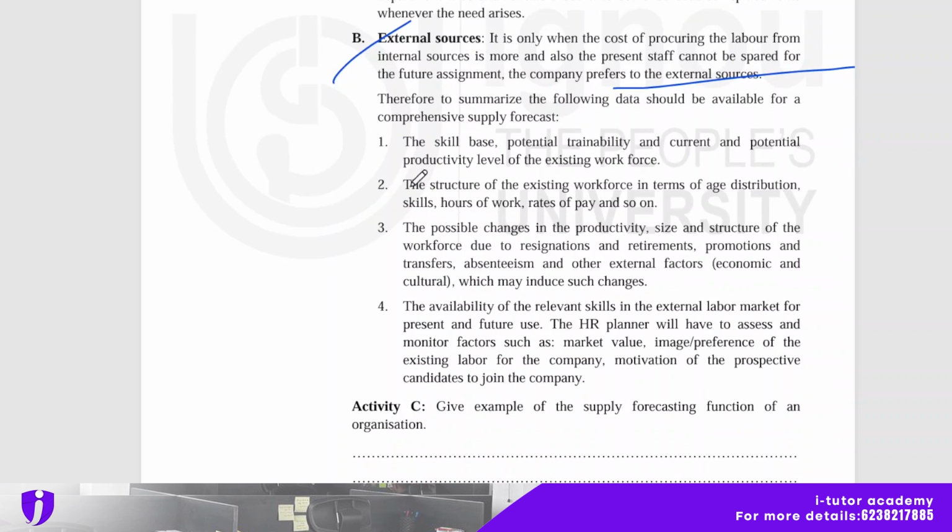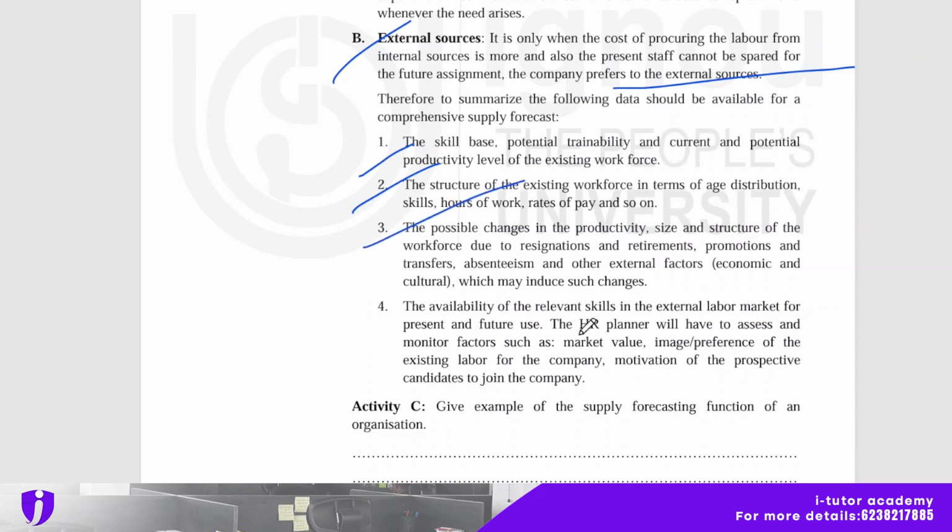Therefore, to summarize, the following data should be available for a comprehensive supply forecast. Next is the skill base, potential, trainability, and current and potential productivity level of the existing workforce. And the second one, the structure of the existing workforce in terms of age distribution, skills, hours of work, rate of pay, and so on.